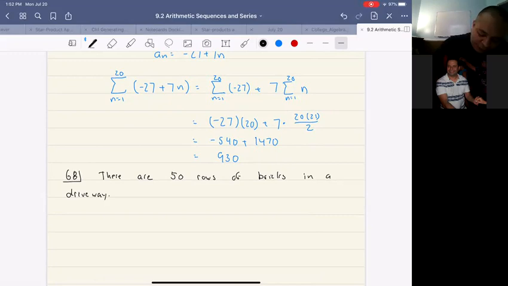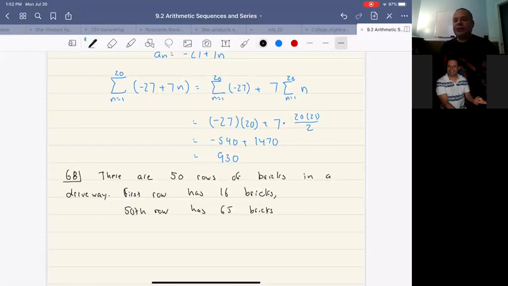Okay, the first row has 16 bricks. The 50th row has 65 bricks.